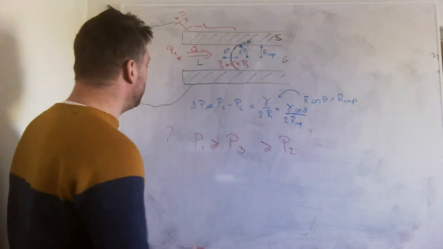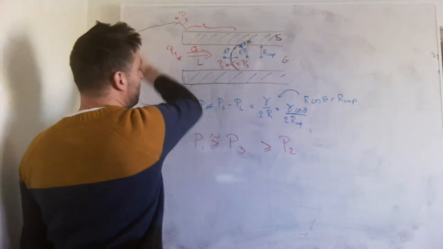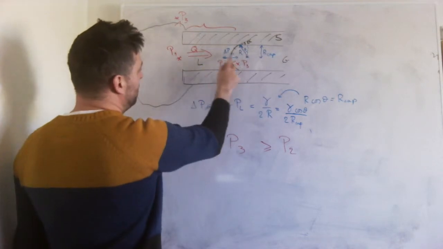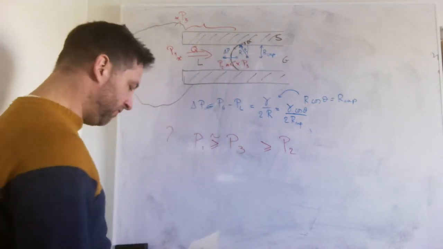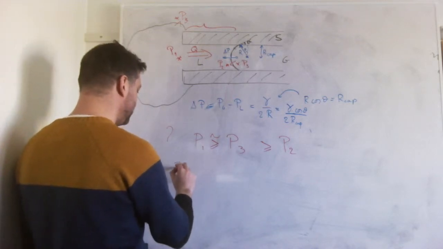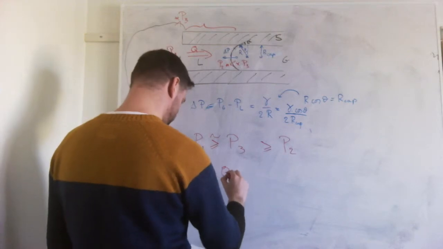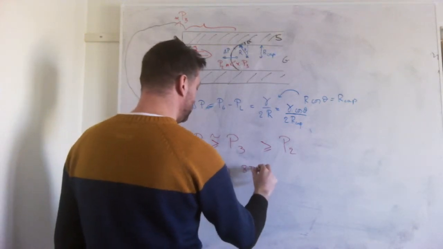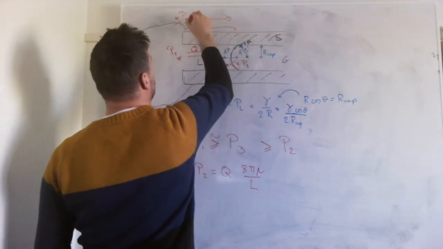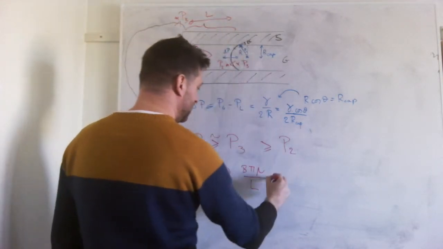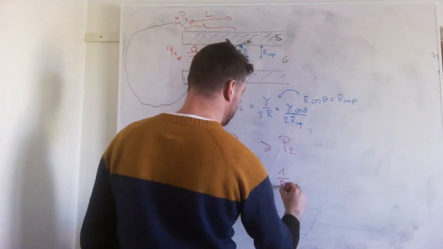I know that pressure P1 at the entrance is almost the same as P3, because this curvature is very low. So I have a pressure drop here, and for a cylindrical channel we have learned the Hagen-Poiseuille formula: P1 minus P2 equals Q times 8 pi mu L, where L is this distance, times 1 over r cap to the power 4.